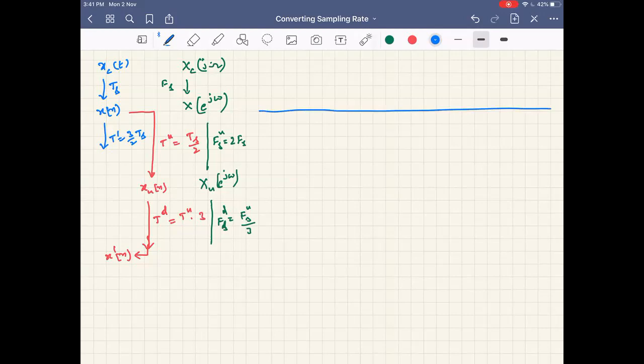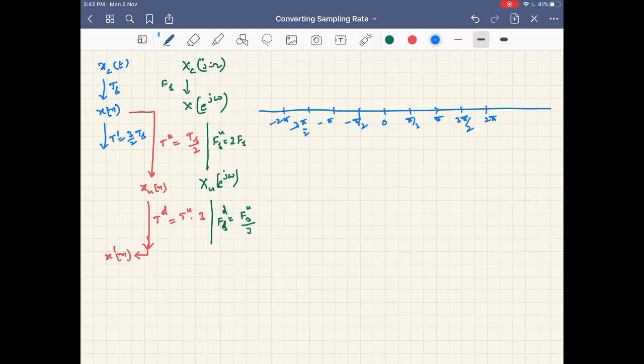Let this be 0 here, pi by 2, pi, 3 pi by 2, and 2 pi. Let us take the same example for ease of understanding. Let us go up to here, and on the other side minus pi by 2, minus pi, minus 3 pi by 2, and minus 2 pi.